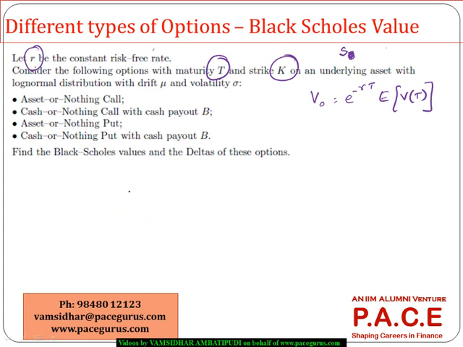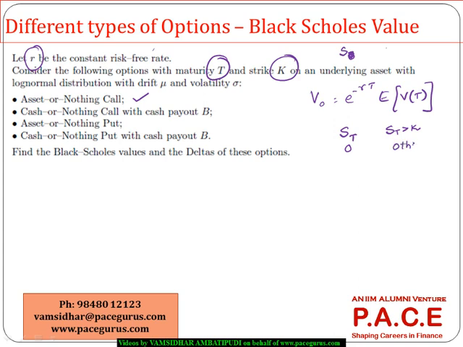Right? With these kinds of scenarios, all I am trying to look at is the evaluation of an asset or nothing kind of call. So in case of an asset or nothing call, what is the payoff? The payoff is either the asset whose worth will be ST in case ST is greater than K, or it would be 0 otherwise.